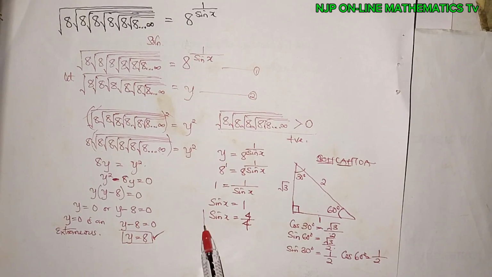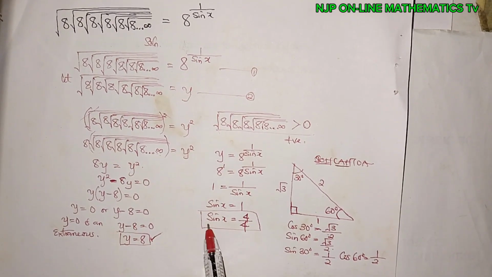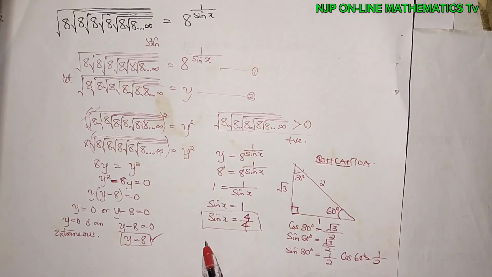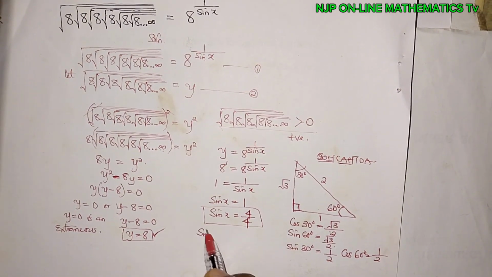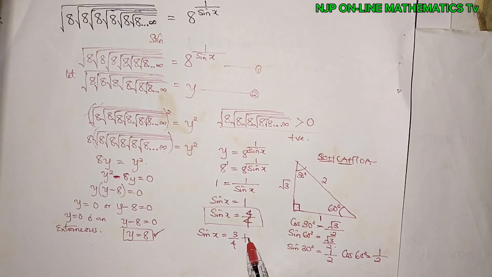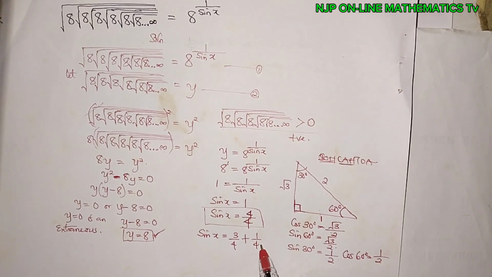So from the point where sine x equals 4 divided by 4, this can also be written as sine x equals 3 over 4 plus 1 over 4.